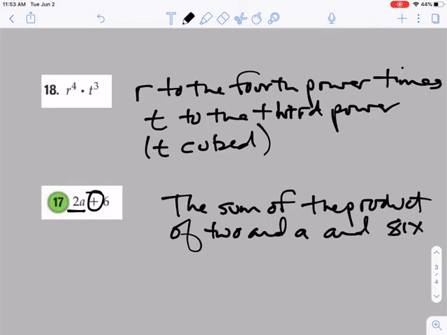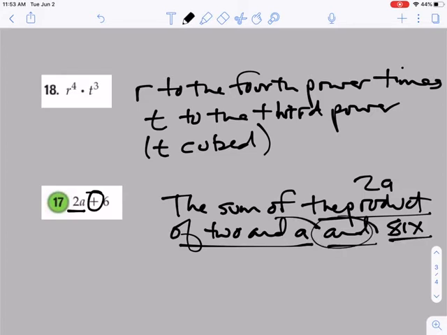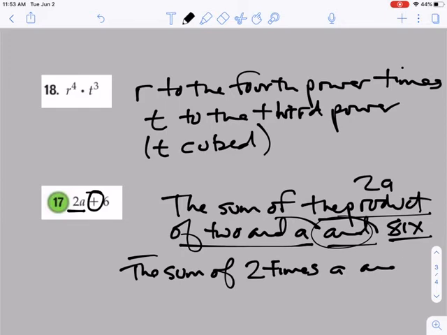Reading this, you would say the sum of the product of 2 and a, so that's 2a, and then the and goes with the sum, and 6. And if you don't like how that looks, let's try another way: the sum of 2 times a and 6.